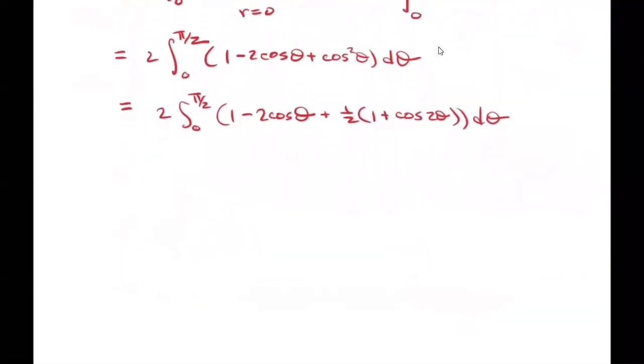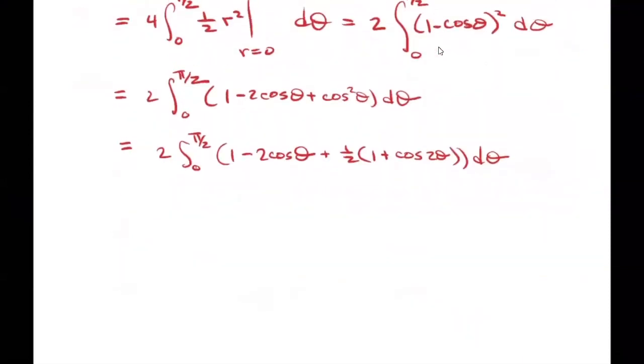So you're going to get trig integrals with cosine squared, sine squared, cosine to the third. Who knows what you're going to get? All kinds of crazy possibilities. I almost want to run that 2 through now to get rid of that half. So you'd have integral from 0 to pi over 2, and now you'll have 2 minus 4 cos theta plus 1 plus cos 2 theta.